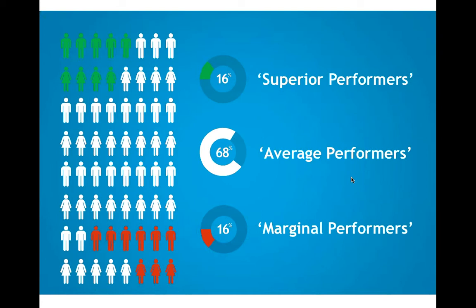And same as the superior performers, there will be 16% marginal performers, or bluntly speaking, the low performing employees. The implication is that if you are a 10-person company, there will surely be close to 3 persons that are just not going to be productive.